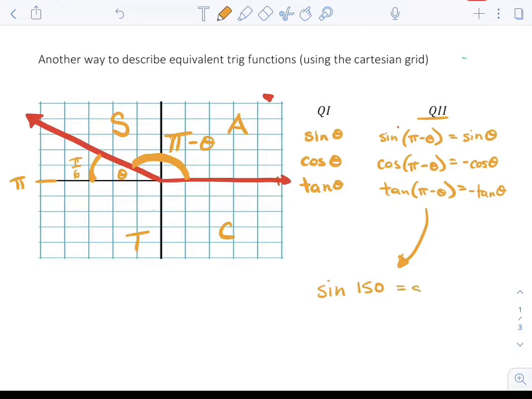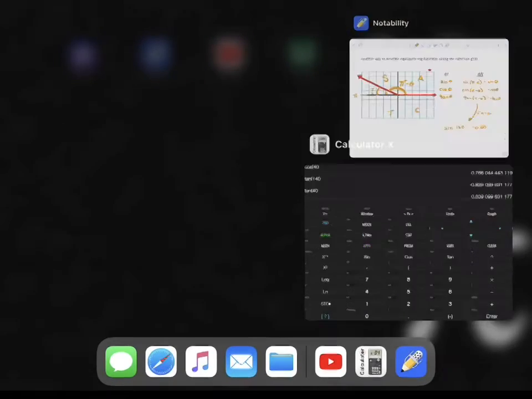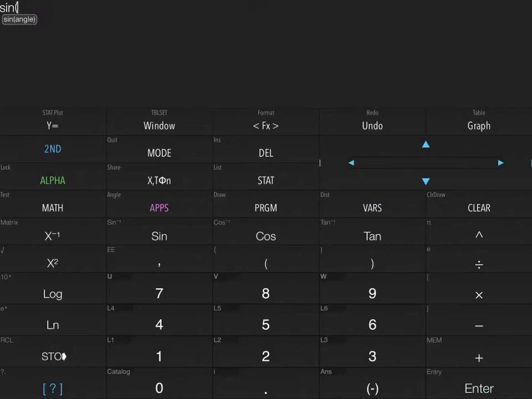Sine 150 is equivalent to sine 30. Theta could be any acute angle, it doesn't matter. If I put sine 150 in my calculator, I'm going to get the exact same value as sine 30. So sine 150 is equal to 0.5, and sine 30 also gives 0.5.